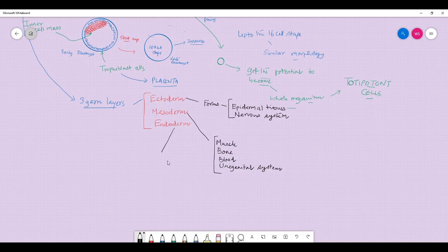The endoderm gives rise to the interior stomach lining, the GIT, and the lungs.